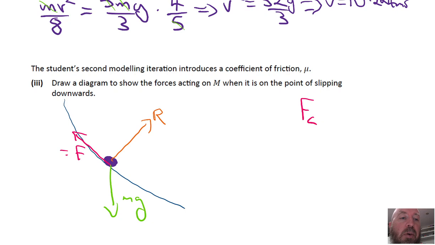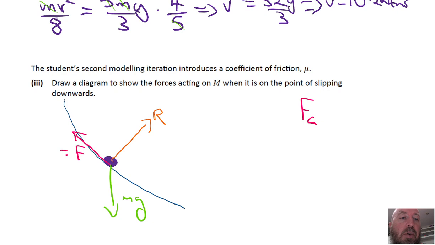So our forces now are R cos beta up, R sine beta in, and that's the exact same as it was. But we also have these two additional things to worry about. That would be mu R cos beta in and mu R sine beta up.